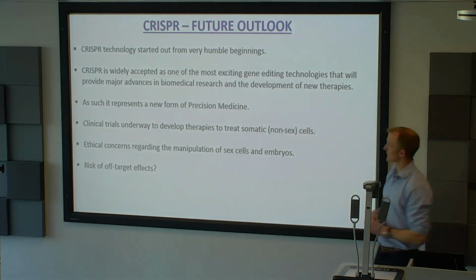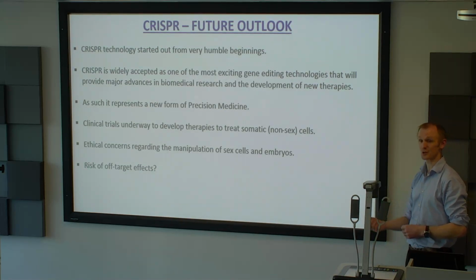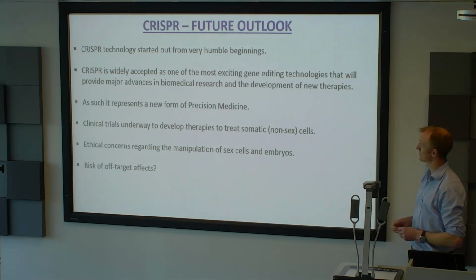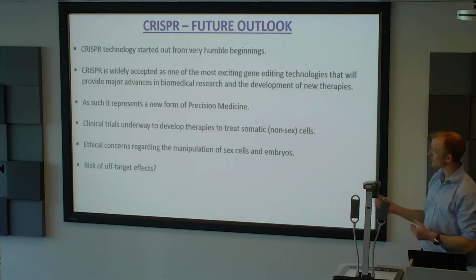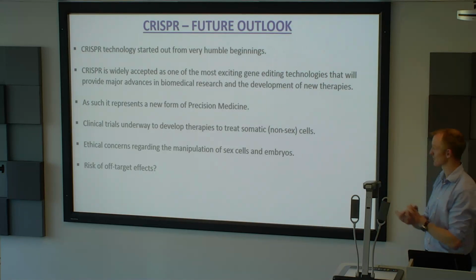So obviously it's major technology, and it's shown that CRISPR started out from very humble beginnings from an innocuous publication really in 1993 by the Spanish scientist, just showing these repeat sequences in bacteria and archaea. But it's widely accepted as one of the most exciting gene editing technologies that's going to provide major advances both in biomedical research and the development of new therapies.